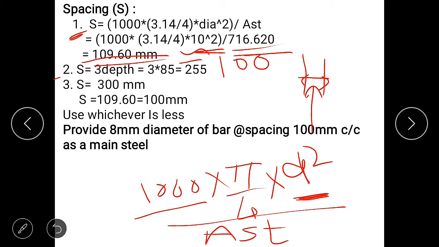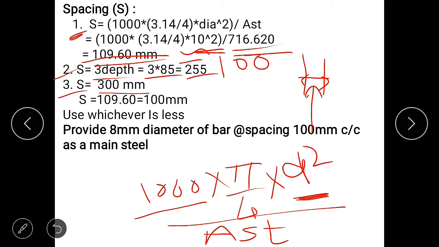Okay, second point, to find spacing, the formula is 3 into d. 3 into small d, where small d value is 85, so the answer is 255 mm. Third, spacing we consider 300.